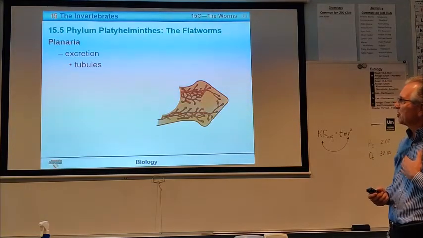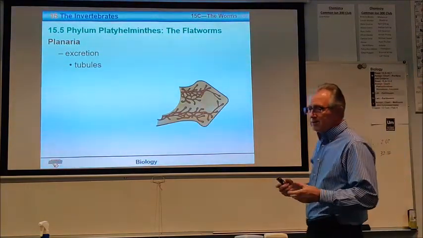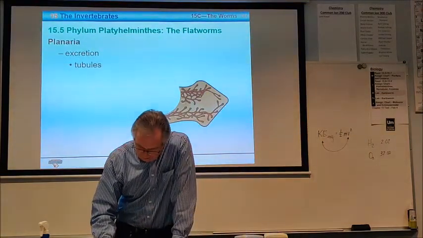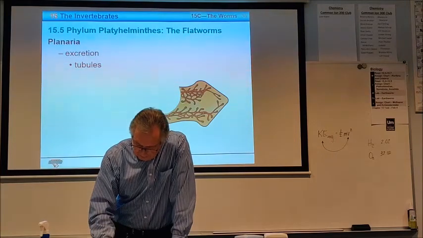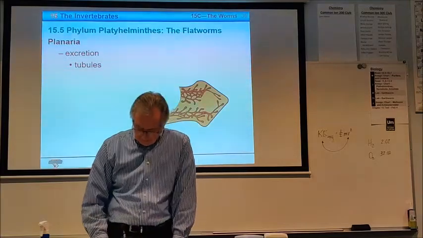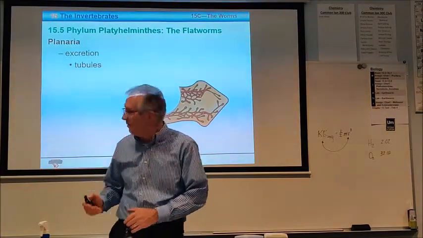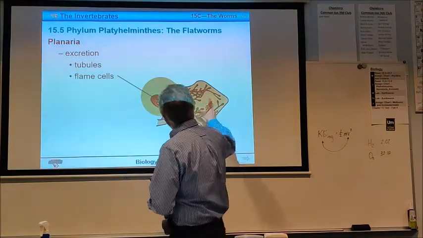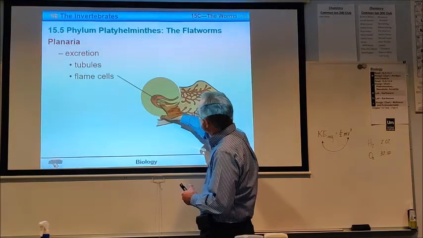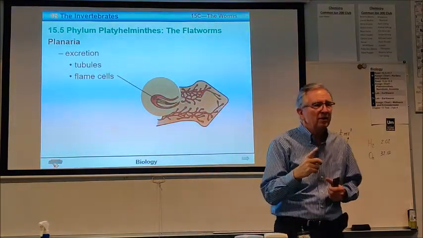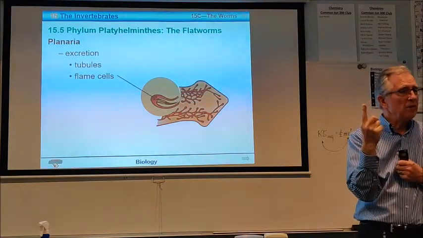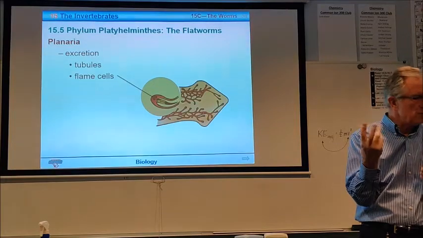Okay, now as far as excretion, they actually have structures for excreting. So you could say for this planaria right here, and I should probably put it up, they actually have tubules where they collect all of this waste, and then they have a special kind of cell that helps filter out the liquid waste, like what we use to make our urine.